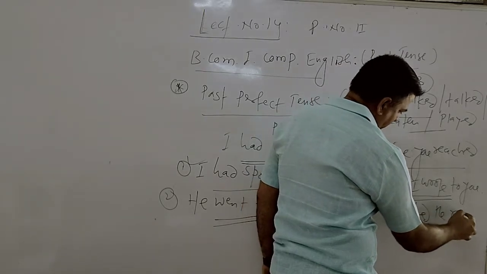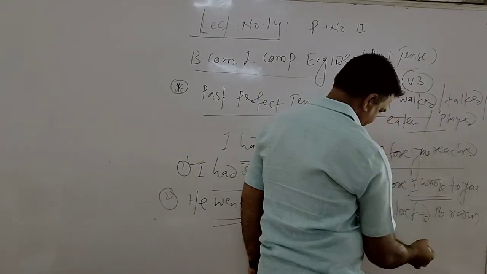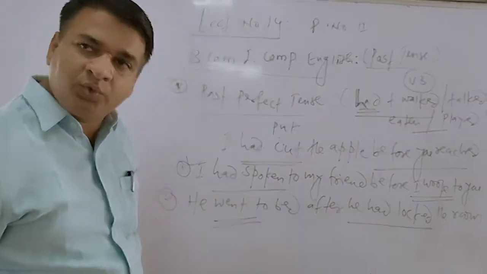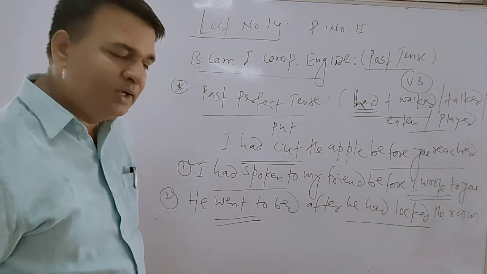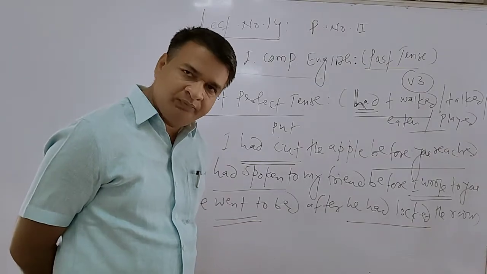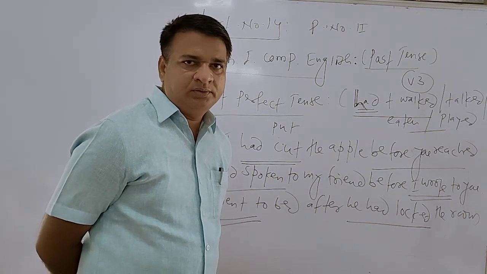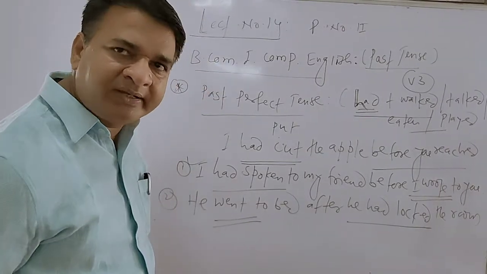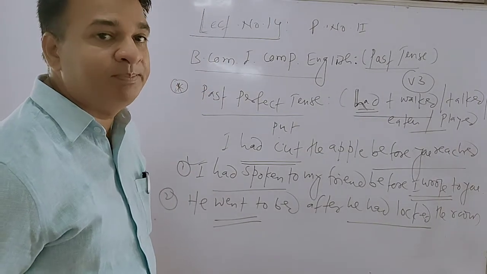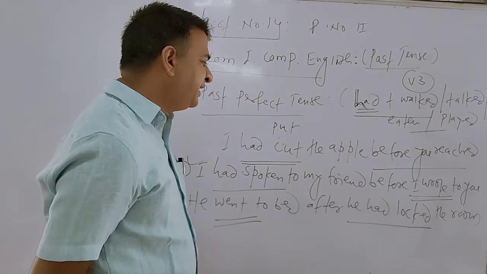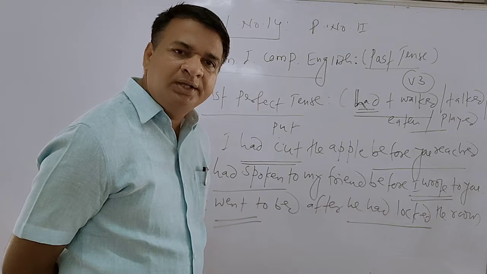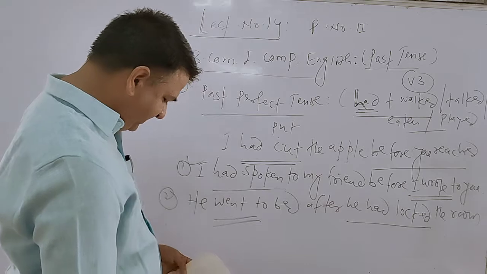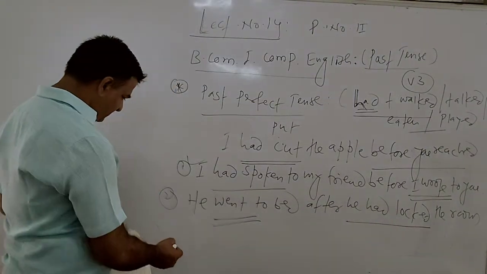He had locked the room first, then went to bed. This means the action of past perfect happens before the simple past tense. So he had locked the room first, then he went to bed. This is another one.